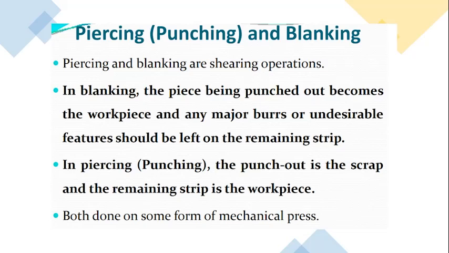If you get confused between piercing and blanking, think of nose piercing or ear piercing, in which the rest of the metal is of use. Whatever is punched out is scrap. Like that, you can remember what is blanking and what is piercing. And piercing and punching, PP, both are the same. Only the size is different.